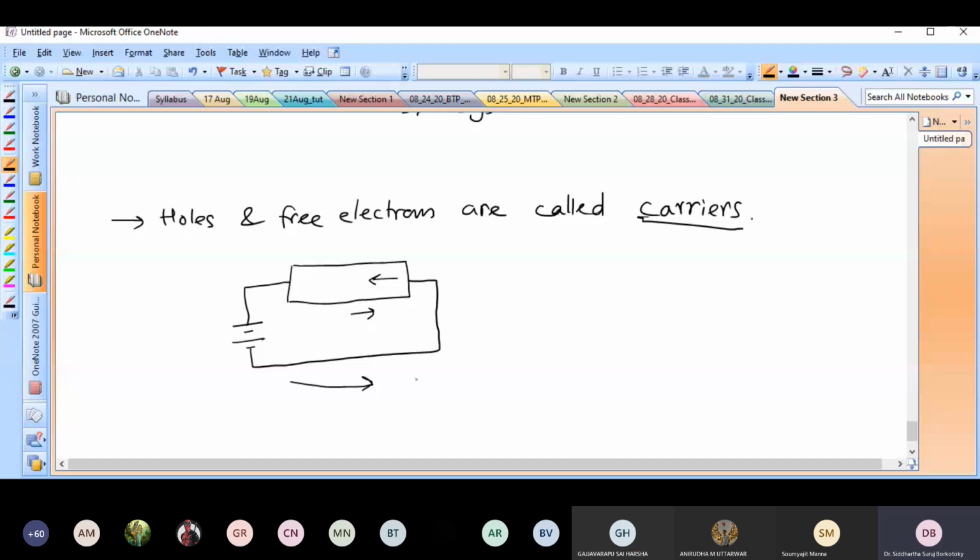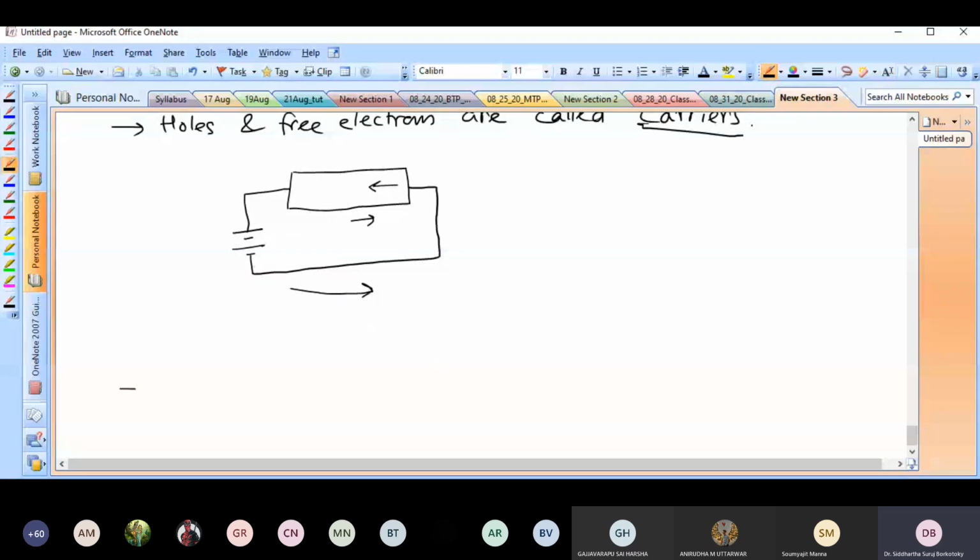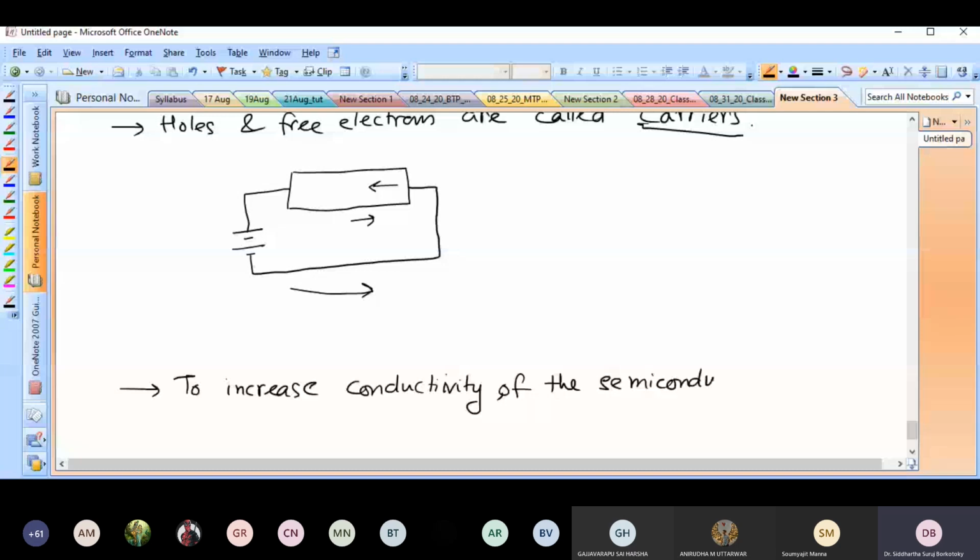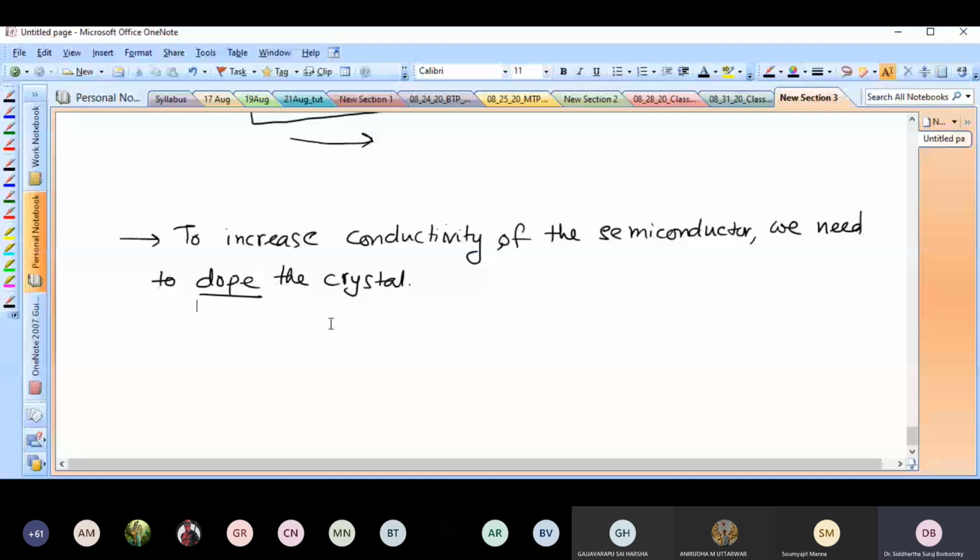To increase the conductivity of the semiconductor, we need to dope the crystal. So we will need to dope the crystal, and as I said, doping is a process of adding impurities.